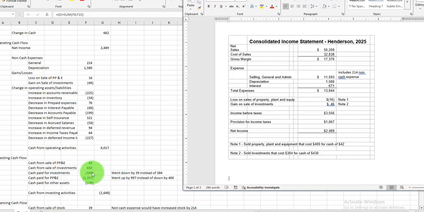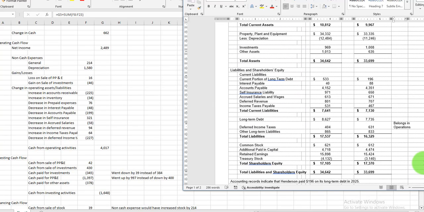Now we need to figure out if we bought more investments. We know we sold some, but if we sold some that cost $384, we would expect our investments to go down $384. But they only went down, as you look at it, 39.